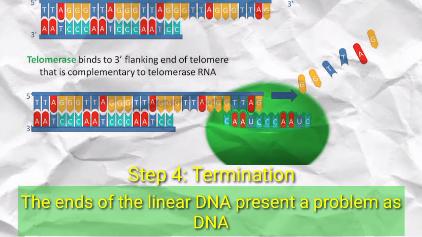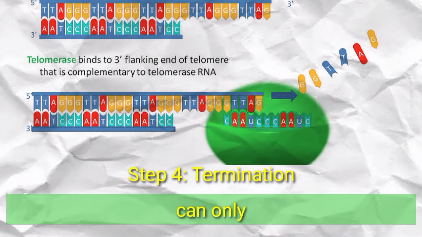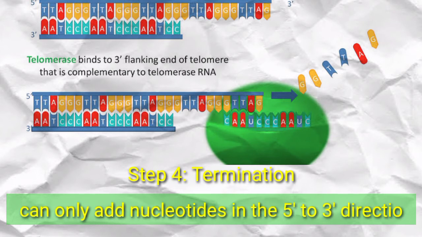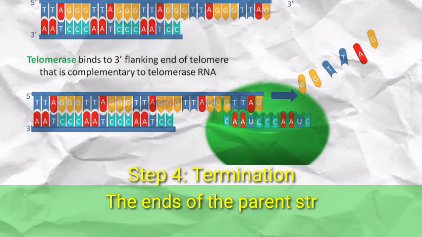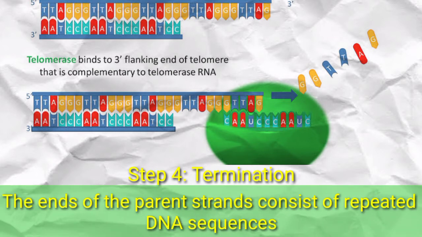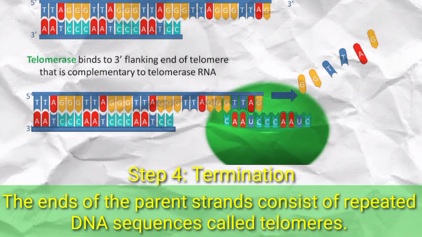The ends of the linear DNA present a problem, as DNA polymerase can only add nucleotides in the 5' to 3' direction. The ends of the parent strands consist of repeated DNA sequences called telomeres.